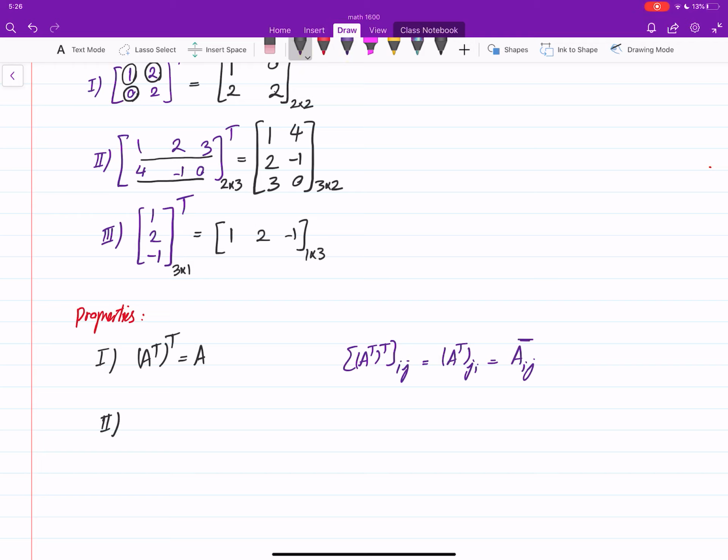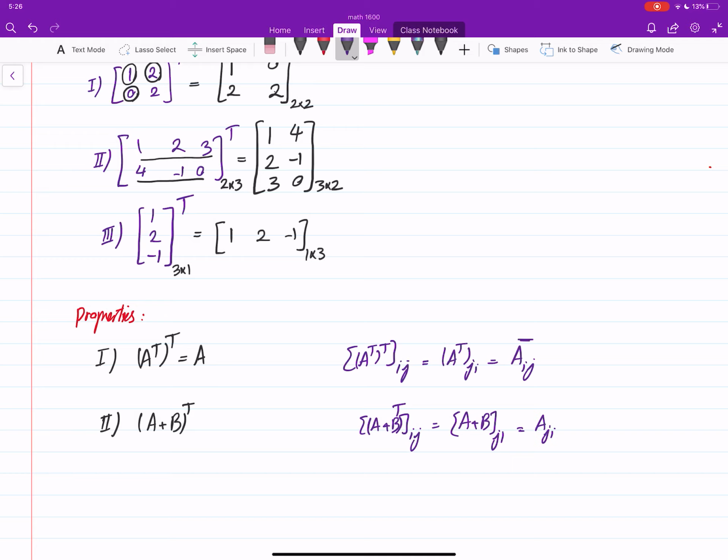How about transpose and addition? If you have A plus B transpose, what do you do? Look at the ij entry. The ij entry of the transpose is the ji entry of the matrix.